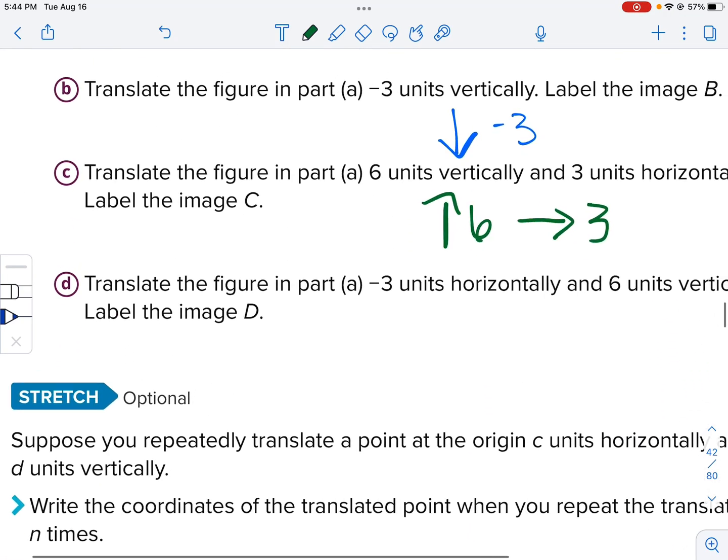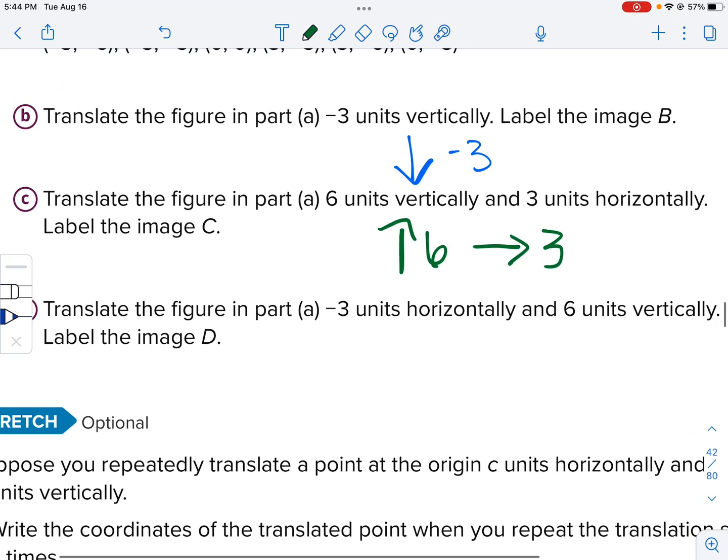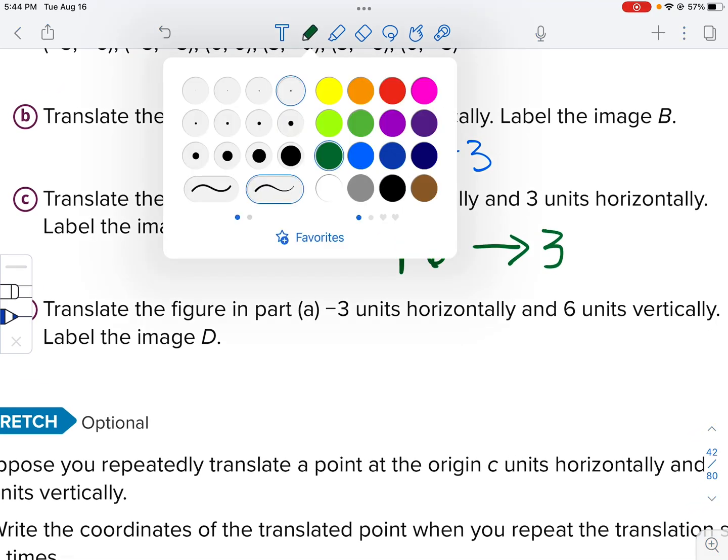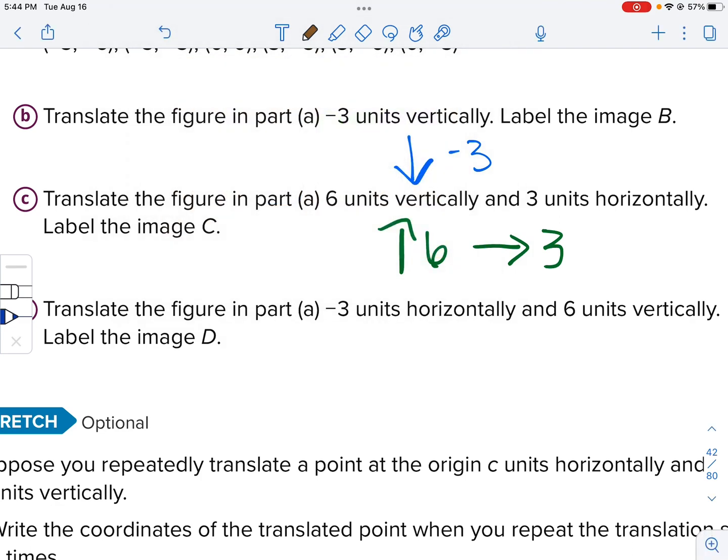Then it says we're translating that same picture, so I'm going to pick a different color. We'll take brown. And this time we're going horizontally -3, and we're going vertically 6. So we're going to the left 3 and up 6.